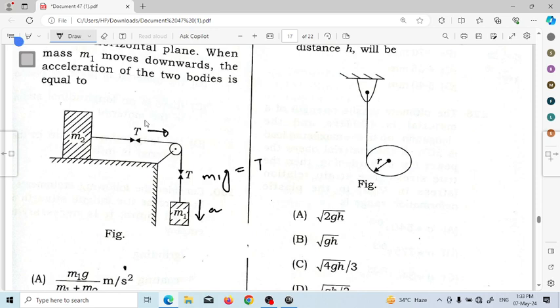This is the direction. m1g minus t is equal to m2a. So putting the value t in the equation, m1g... sorry, this will be not.